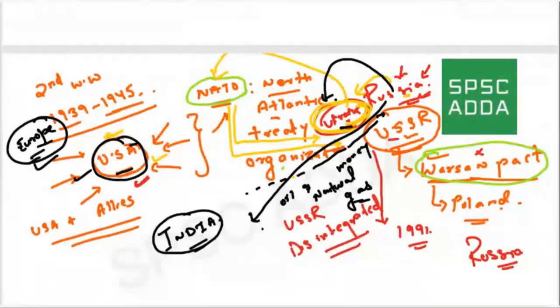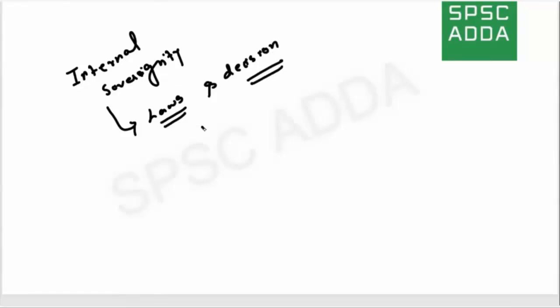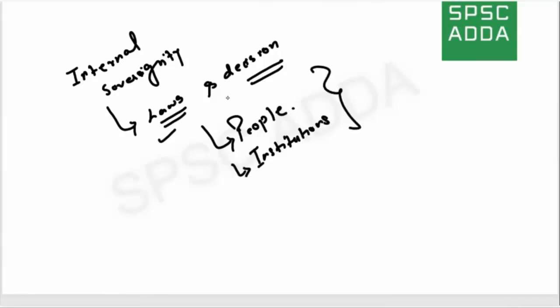That means internal sovereignty means India can make laws and take any decision. It would be binding on all the people of this country and on all the institutions of this country. And this can be done without any interference.